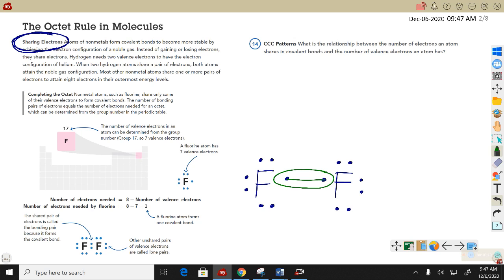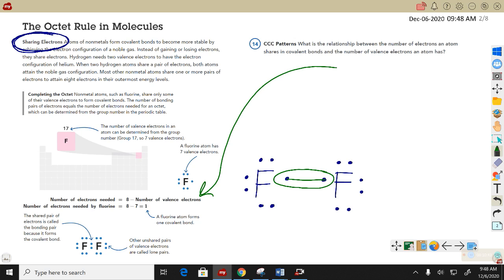Question 14 then says, what is the relationship between the number of electrons an atom shares in covalent bonds and the number of valence electrons an atom has? They mention it mathematically down here a little bit, but in general, I want to get 8 valence electrons. I want the number of valence electrons plus the number of covalent bonds to equal 8.